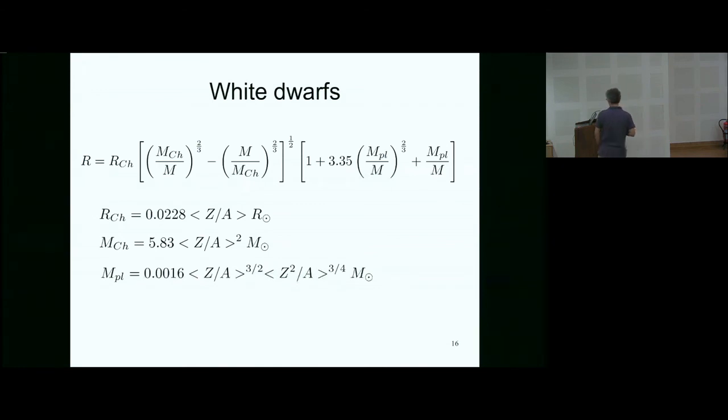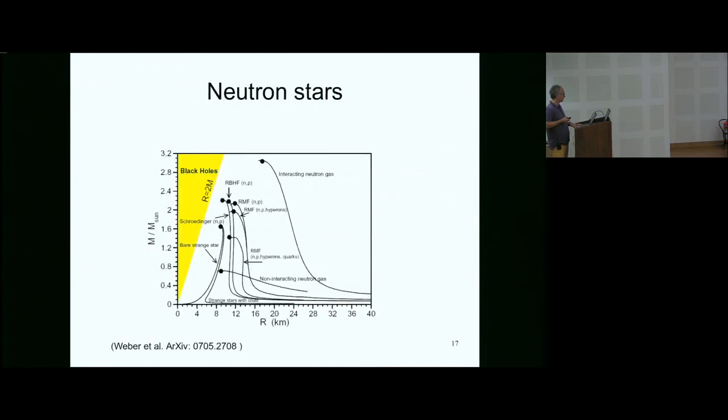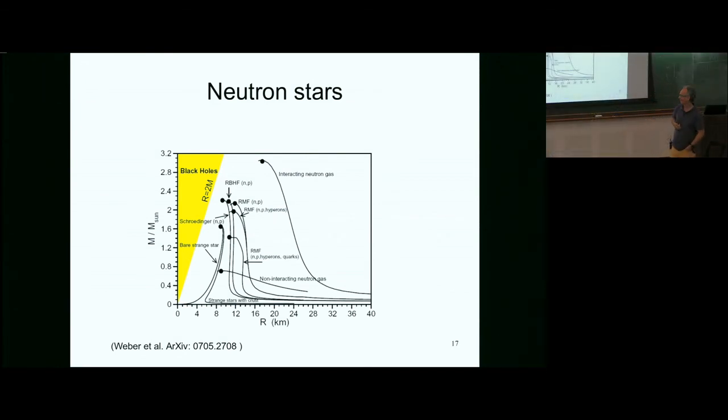Okay, so I think that my time is running out. So I'll just say that for the neutron stars, although for the purpose of my lecture they are point-like objects, you know that they have radii of about 10 to 15 kilometers, and there are plenty of curves like that you can find in the literature, and if only one of them is true, then maybe none of them is true.